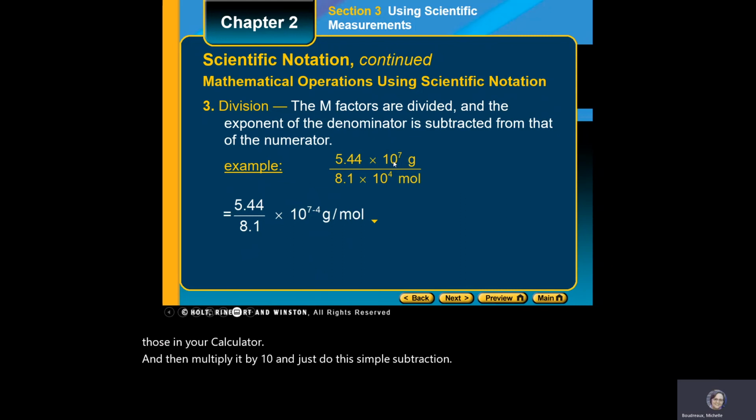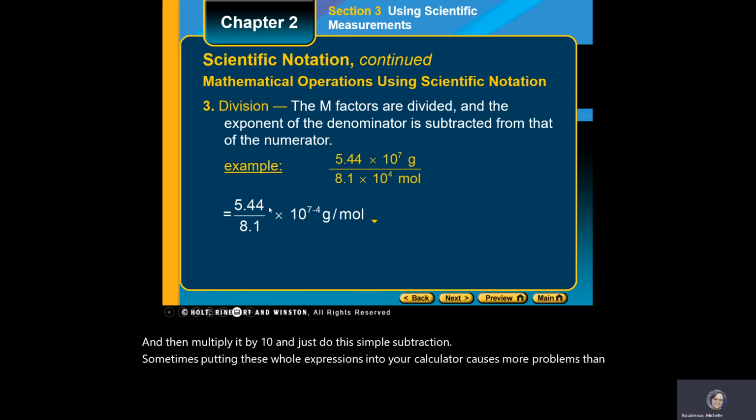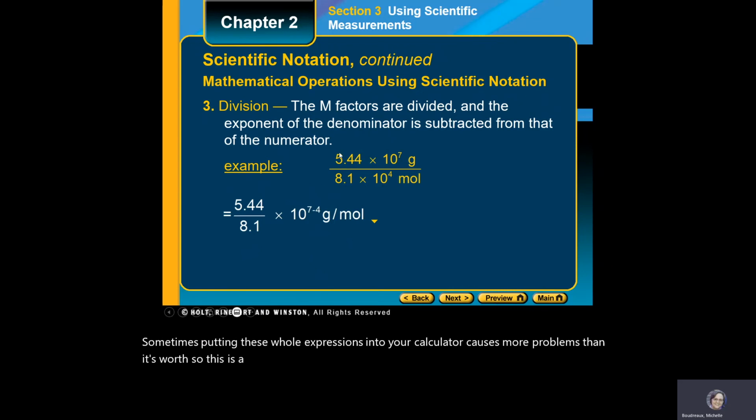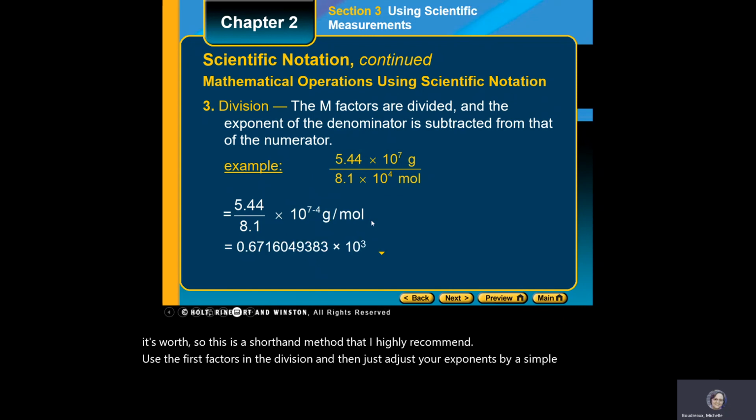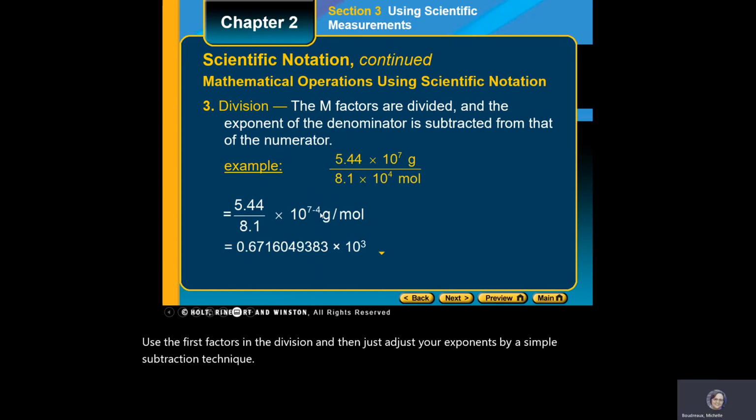Sometimes putting these whole expressions into your calculator causes more problem than it's worth. So this is a shorthand method that I highly recommend. Use the first factors in the division, and then just adjust your exponents by a simple subtraction technique. This is called the law of exponents, these problems that we're working now.